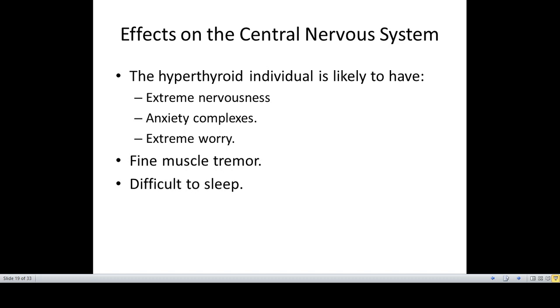There is a presence of fine muscle tremor in these individuals, which is different from the tremor seen in patients with cerebellar disease, and also different from the tremor which may be present in fever. And these individuals, because of high excitability of the neurons, find it difficult to go to sleep.